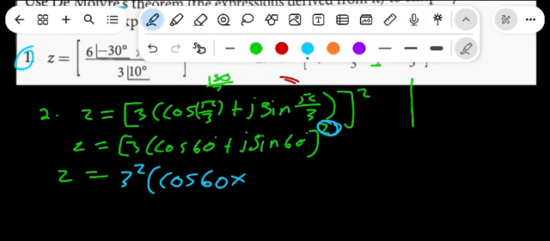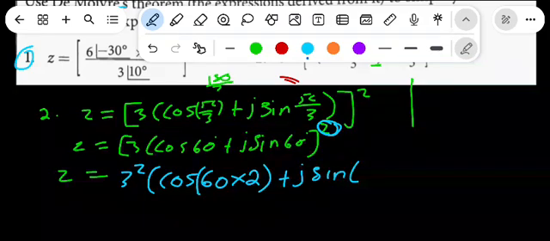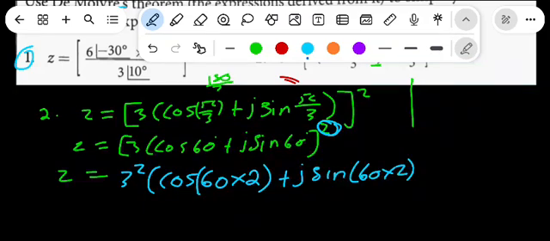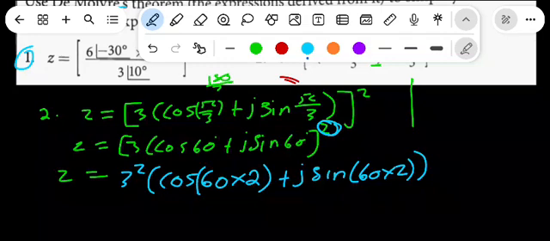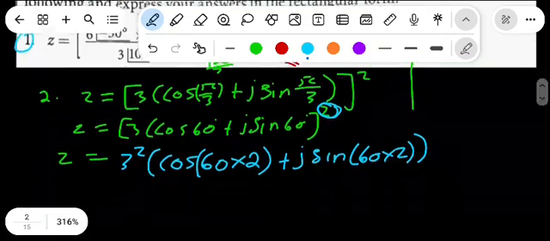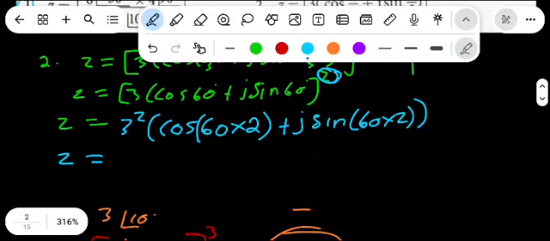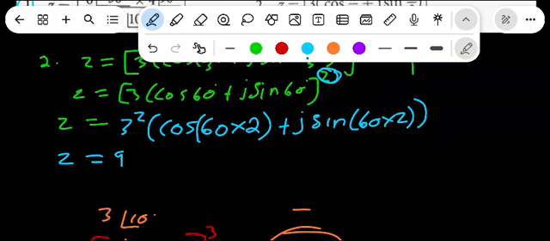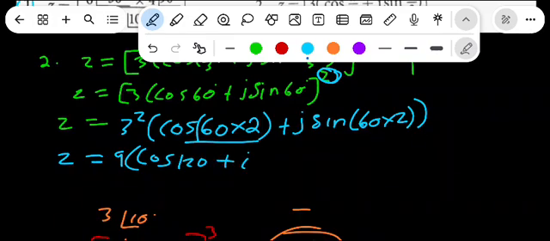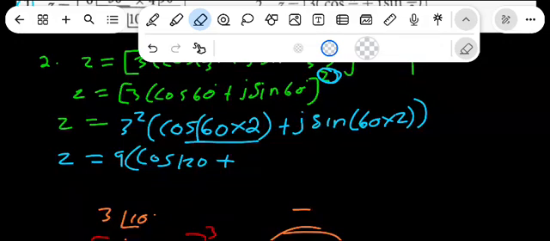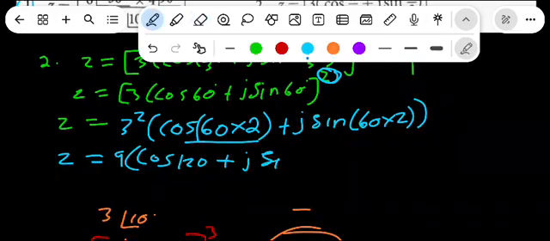So 3 squared is 9, and we have cos 120 degrees plus j sine 120 degrees.